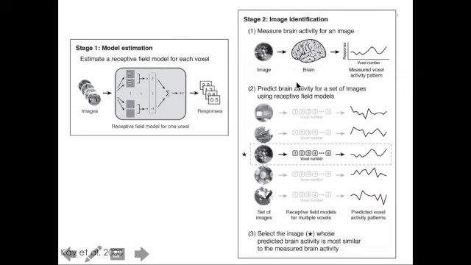So using this technique, Kay et al. in 2008 were able to predict what a brain saw given its patterns of brain activity. And so this is really as close to mind reading as it gets, right?